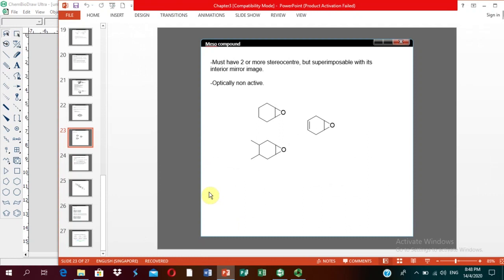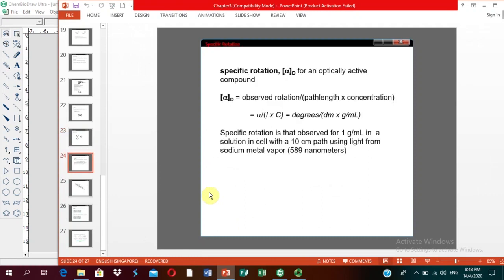Okay, class. Specific rotation. This is the symbol for specific rotation, alpha, for an optically active compound. How to determine the specific rotation?